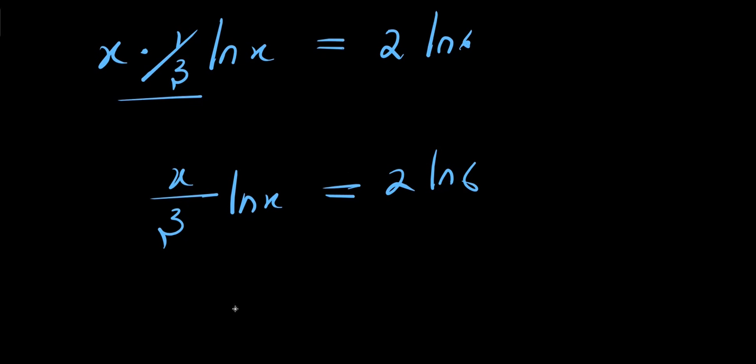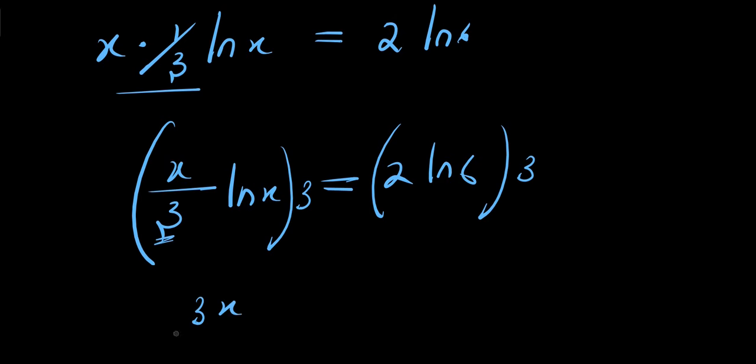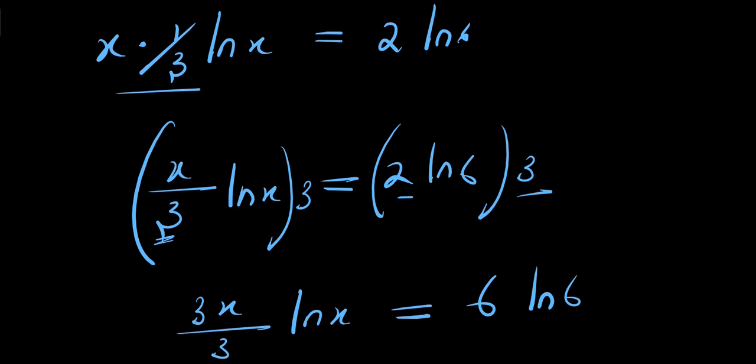I can decide to multiply both sides by 3. So we multiply this by 3, and also multiply this by 3, because we want to eliminate this denominator here. 3 times it, this would be 3x divided by 3 times natural log of x equals 3 times 2, this is 6 times natural log of 6.